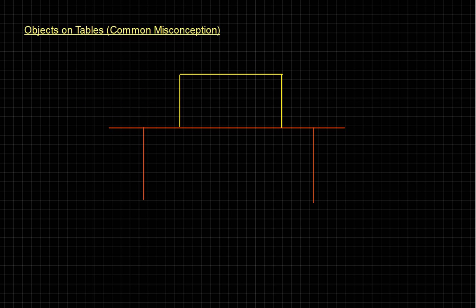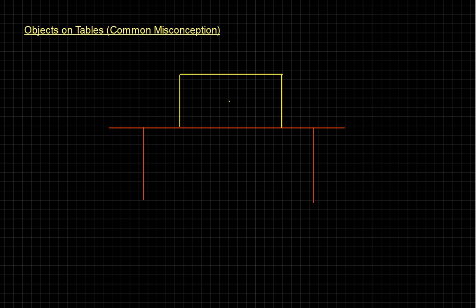Okay, so here we've got a picture of a table, red table, and a yellow box sitting on top of it. And I want to draw a force and then think about what its pair is. The first force that I'm going to draw is the weight of the box.